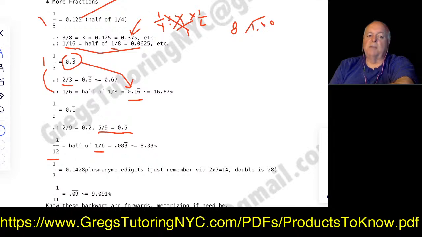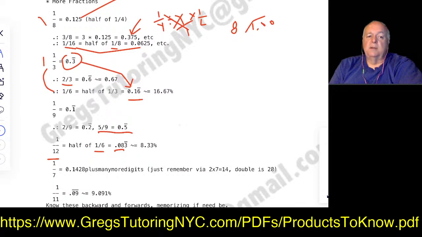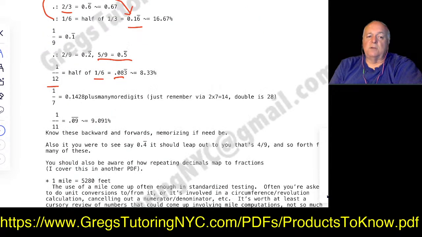Well, if we divide that by 2 again, and if we just memorize it, or at least be aware of that when you come across 0.083, because it's probably going to be one of the examples you're doing. Once you come across that, it'll be there. 1/7, a kind of cutesy way to remember: twice it is 14, and then times 4.